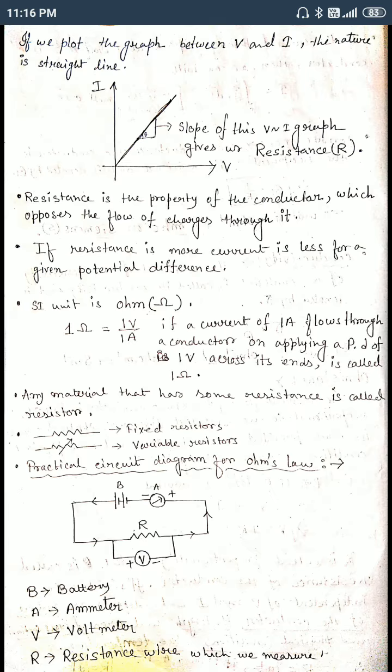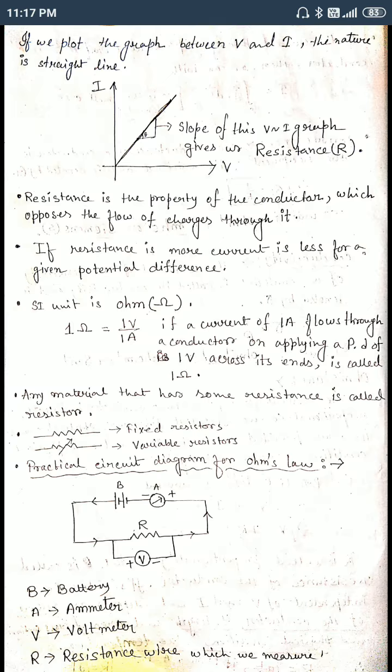From the slope of that graph, del V by del I, we also find out R. Suppose you have 5 data for V and I, you calculate R, so you have 5 values of R, then you take the average, and from the graph we also get another value of resistance. You see that they are almost the same.